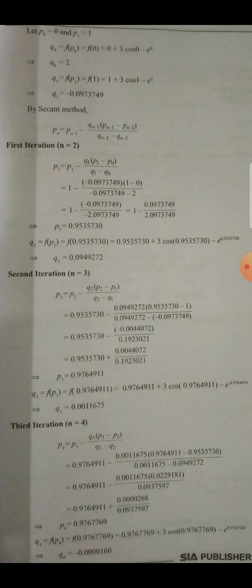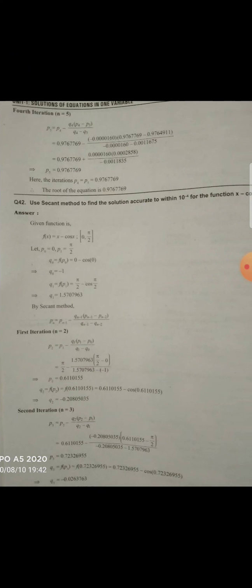Therefore, q4 equals minus 0.40160. Fourth iteration, n equals 5.